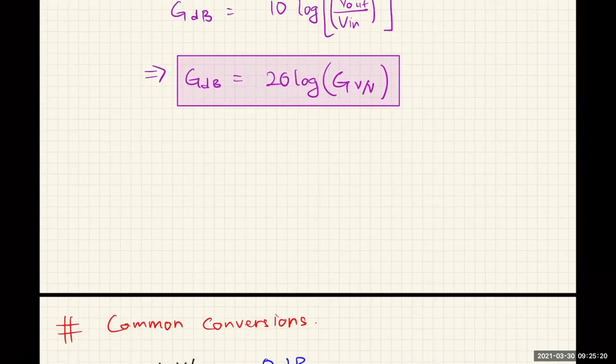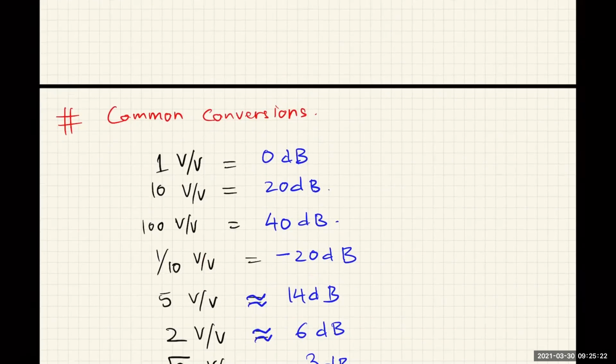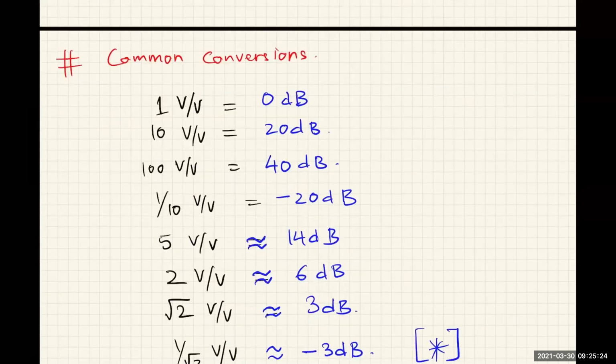Right? And now, some common conversions are listed here. So basically 0 dB corresponds to a gain of 1. So think about that. 0 dB is not a gain of 0. Be careful there.